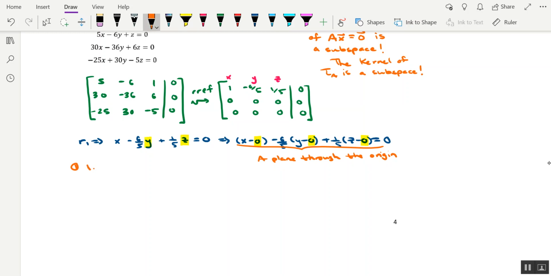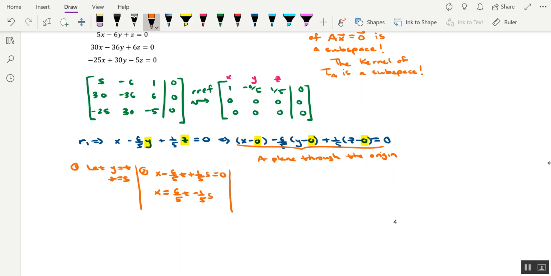So I'm going to say let y equal t and z equals s. Second thing we do is plug these parameters into our equation from row 1 from the RREF matrix. So it's x minus 6 fifths t plus 1 fifth s equals 0. And solving for x, we get x equals 6 fifths t minus 1 fifth s.